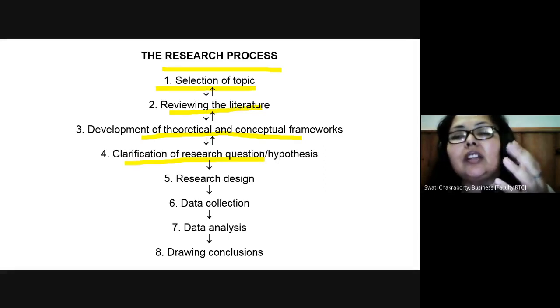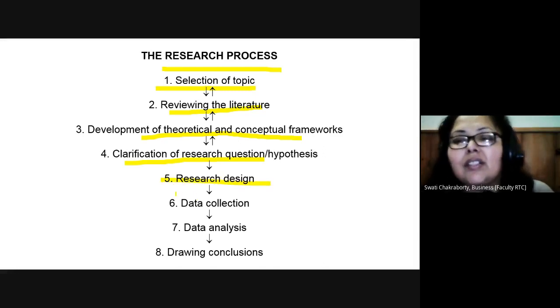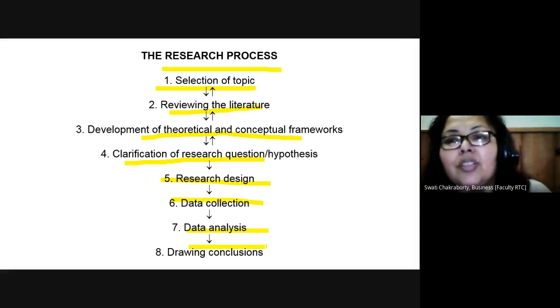Whatever topic we have chosen, we have to finalize it and narrow it down, based on which we have the research question or hypothesis. Then we have the research design, followed by data collection, data analysis, and finally we draw the conclusions. So let's go into more details about it.